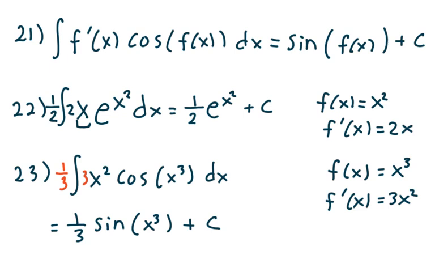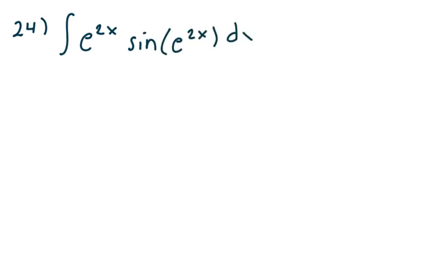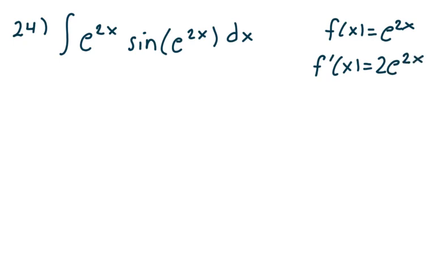Let's do one more for this. 24. Suppose I have the integral of e to the 2x sine of e to the 2x dx. So f of x is e to the 2x. The derivative is 2e raised to the 2x power.